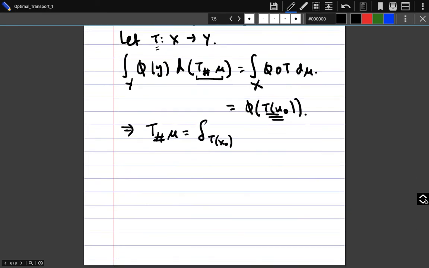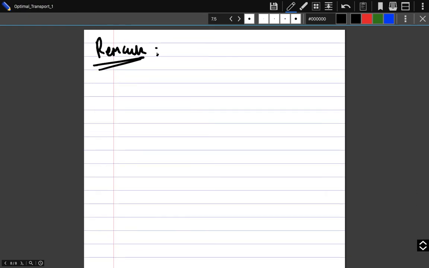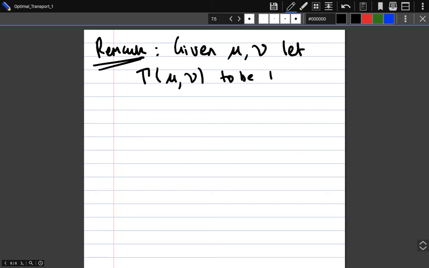That's good news. Why is that the case? Well, you just take the product measure. So given mu and nu, we denote capital Gamma to be the set of all couplings on mu and nu.